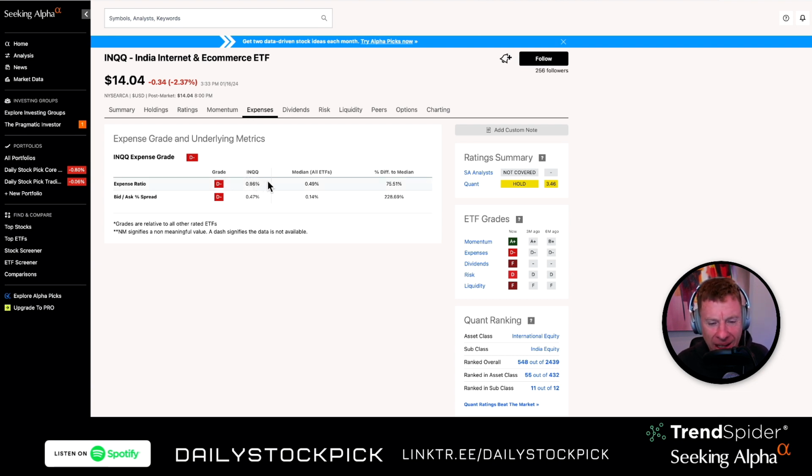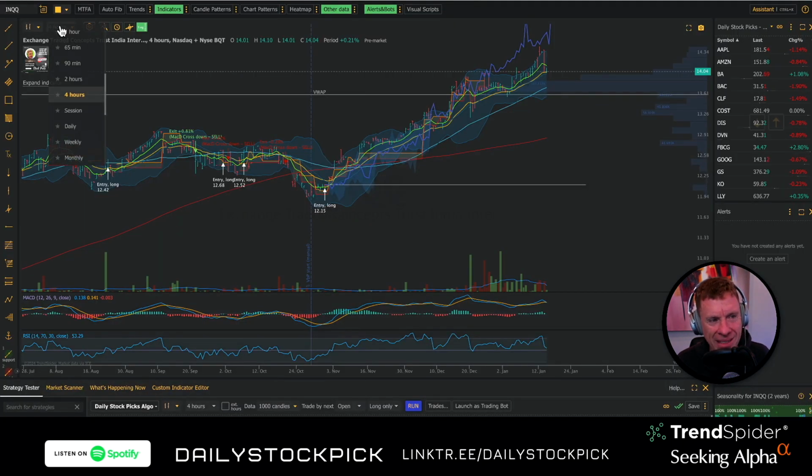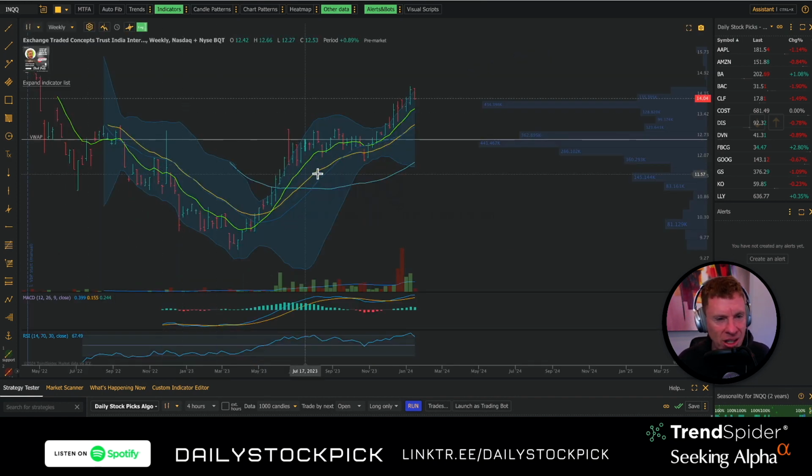Why not just look at the holdings and go over to India and buy it? Reliance, Bajaj, just go buy those. Buy some of these, pick your favorite and buy those. INQQ, I think it's a solid one. But again, when you look at this chart from a long-term perspective, it's just because India is doing well. When India starts to crash a little bit, you're going to see this one go down. So 3 I's, that's my take.